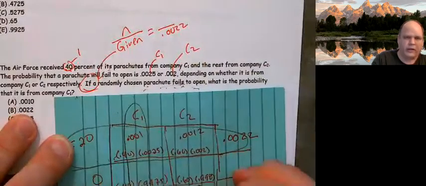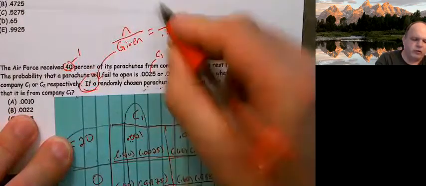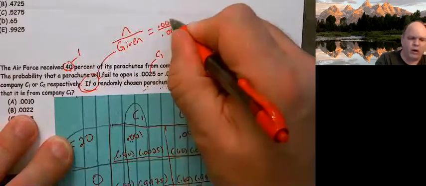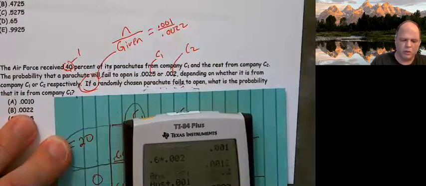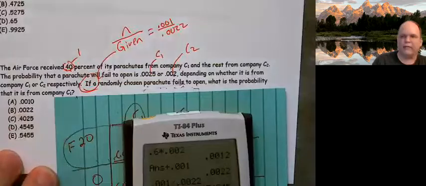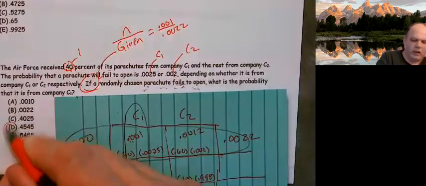So circling there, this is where it crosses. That's my intersection. So this is my numerator, 0.001. 0.001 divided by the 0.0022 gives me 0.4545. So this gives me an answer choice of D.